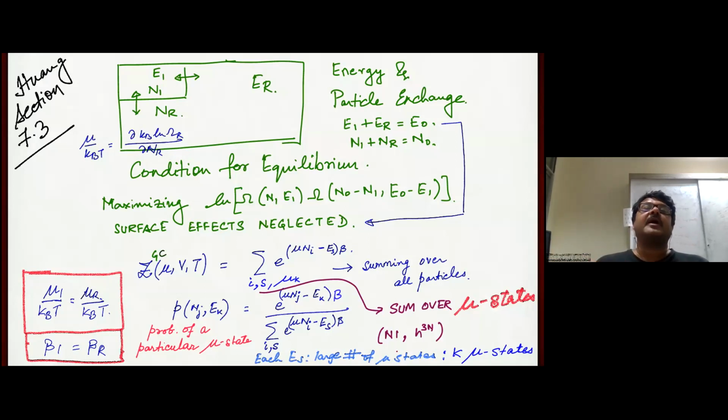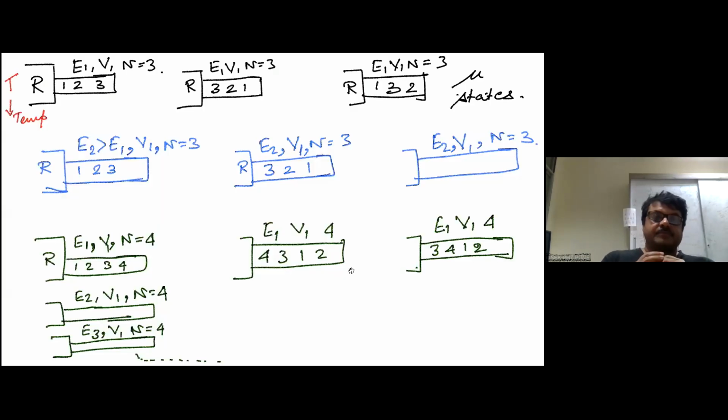So the number of particles in this room is fluctuating. Of course, the average number of particles in this room is fixed, but actually there are small fluctuations about that average number.